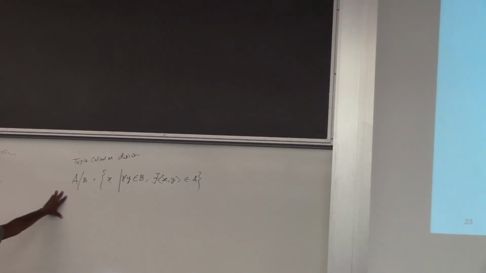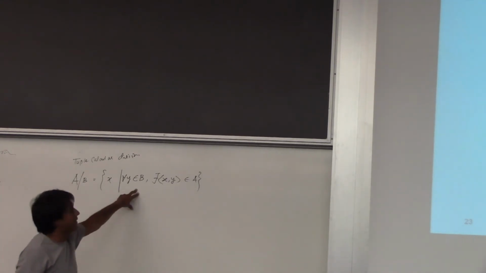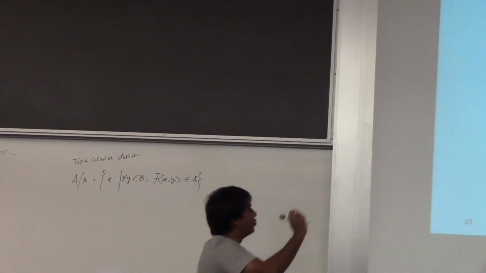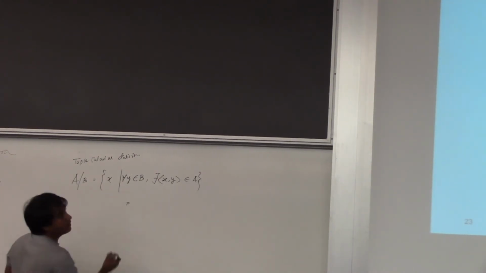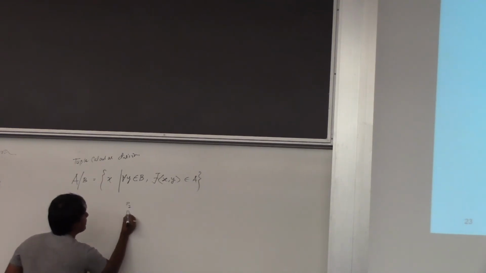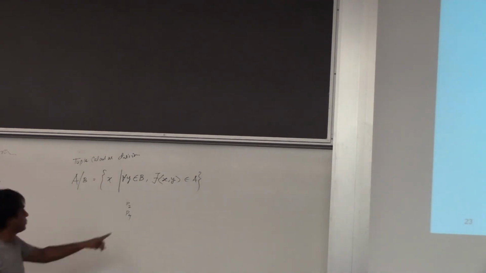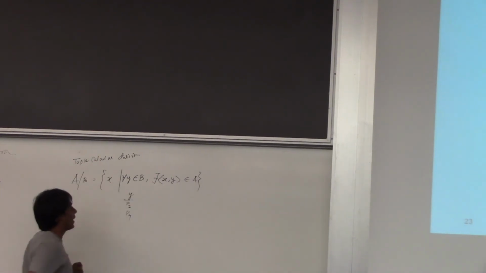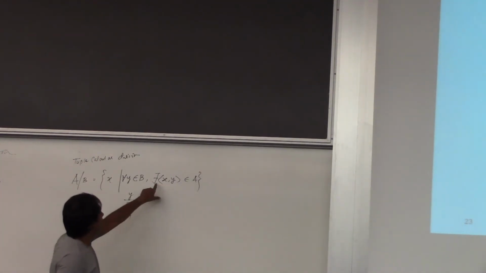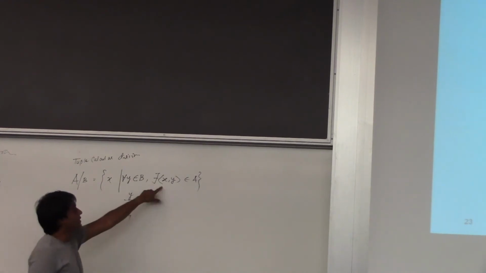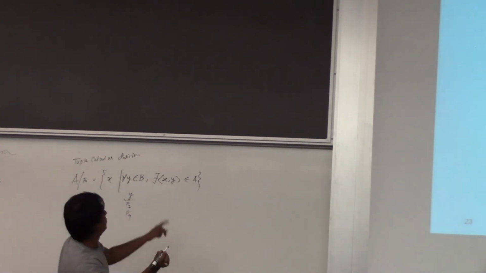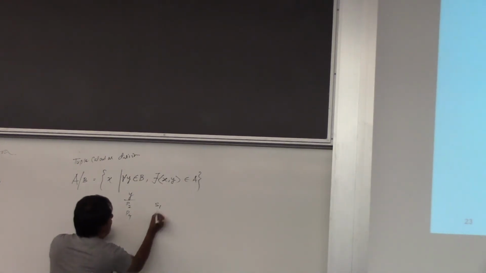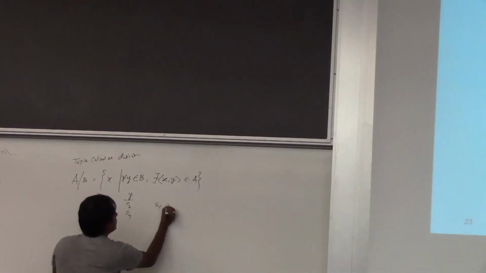Now, what does it say? Let's take this example, B2. What are the y's? The y's are P2 and P4. So for these two, there must exist x and y in A. So we have S1, P2 and S1, P4.